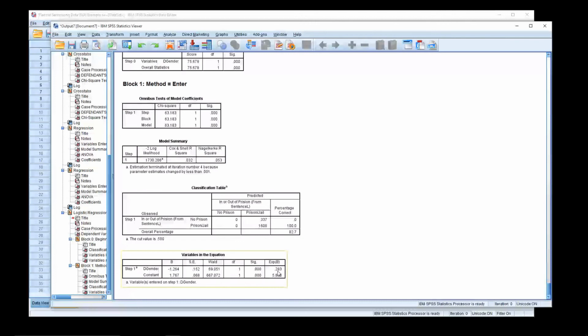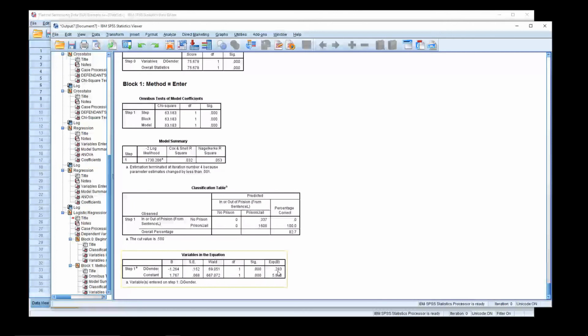And in order to, I always have to cheat. So I'm going to use a calculator here. I have 0.283, and I'm going to hit the negative exponent thing, and it's going to give me a 3.53. So in short, this is telling me that men are 2.5 times more likely to go to prison than women.